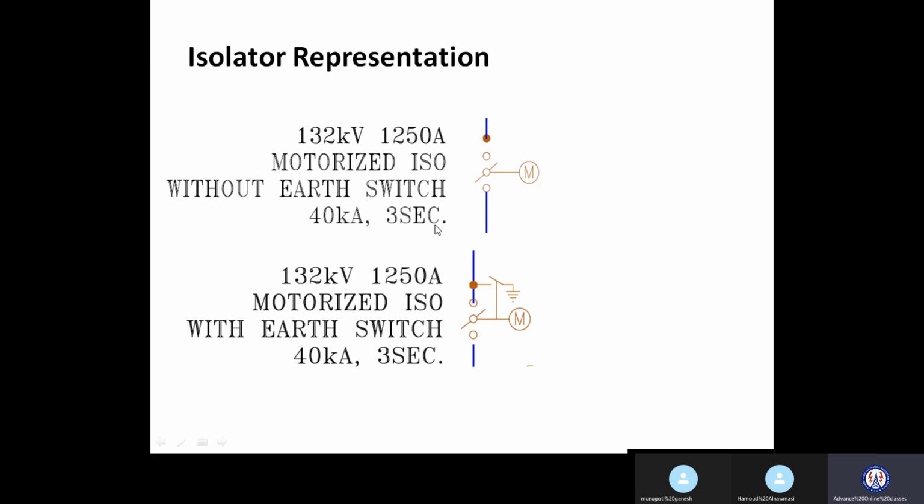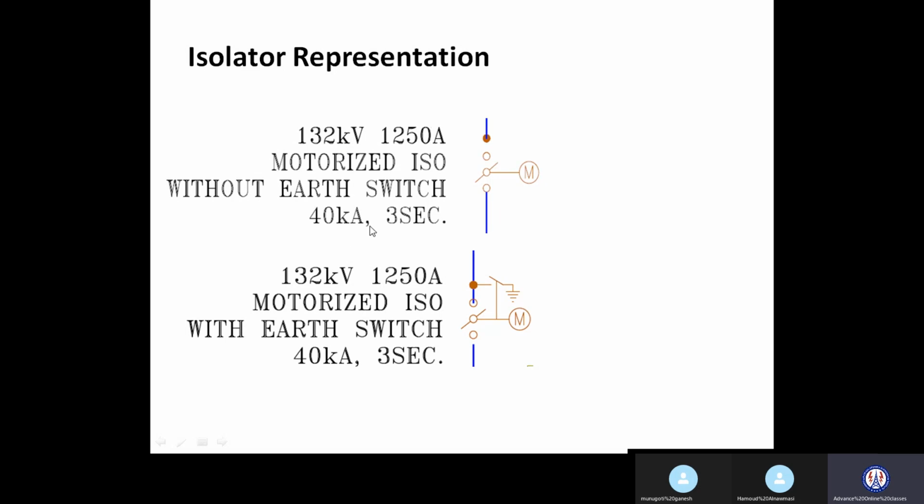So isolator representation is similar to breaker representation: first voltage rating, second current, then type, then breaking capacity.